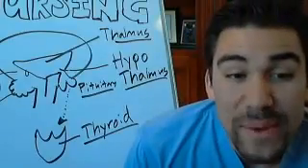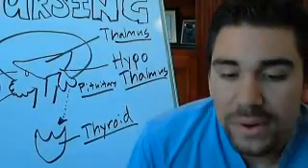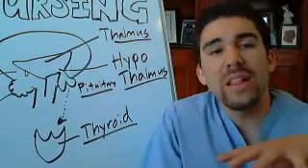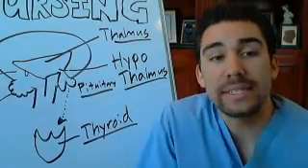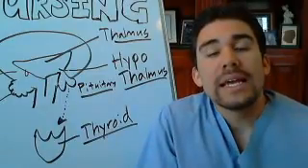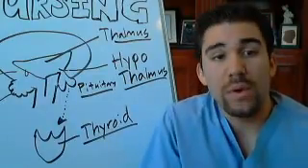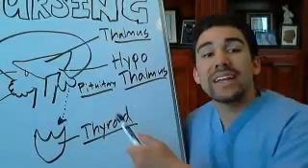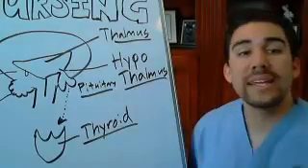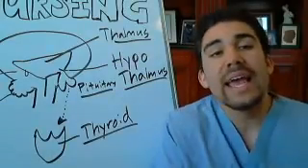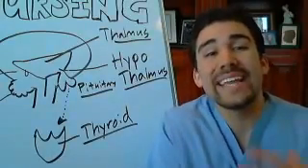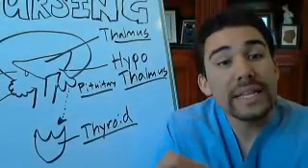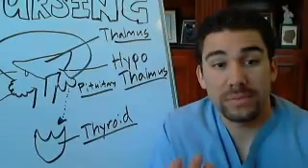All right, guys, so let's get back to it here. We were talking about how our endocrine system is composed of a lot of different organs, and all those organs create hormones. Whether you're talking about your hypothalamus, your pituitary, your thyroid, your parathyroid, your adrenal glands, or your pancreas, all those things create hormones.